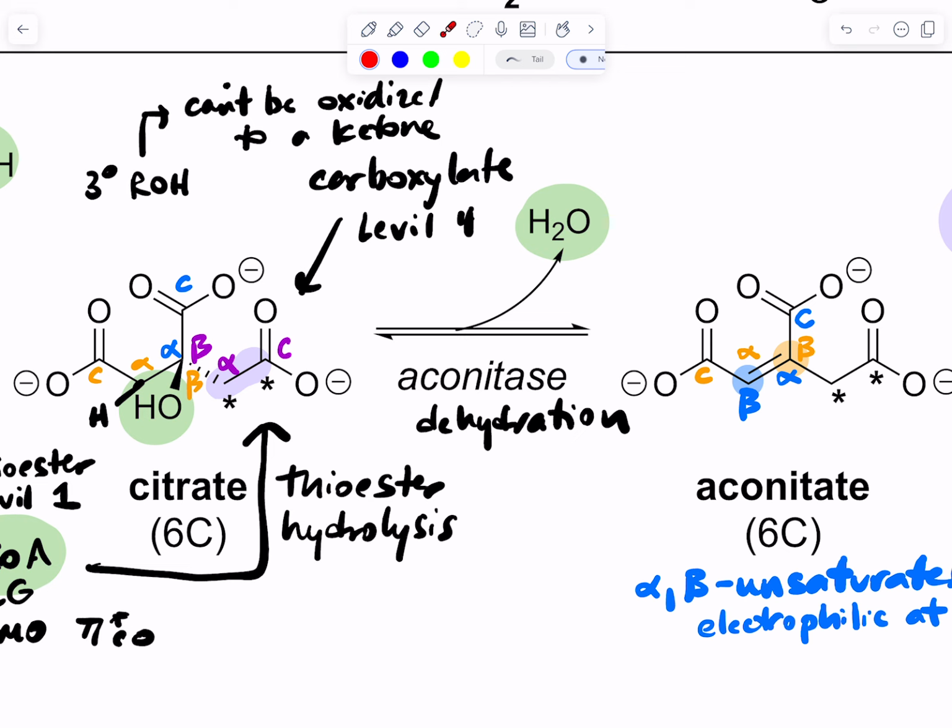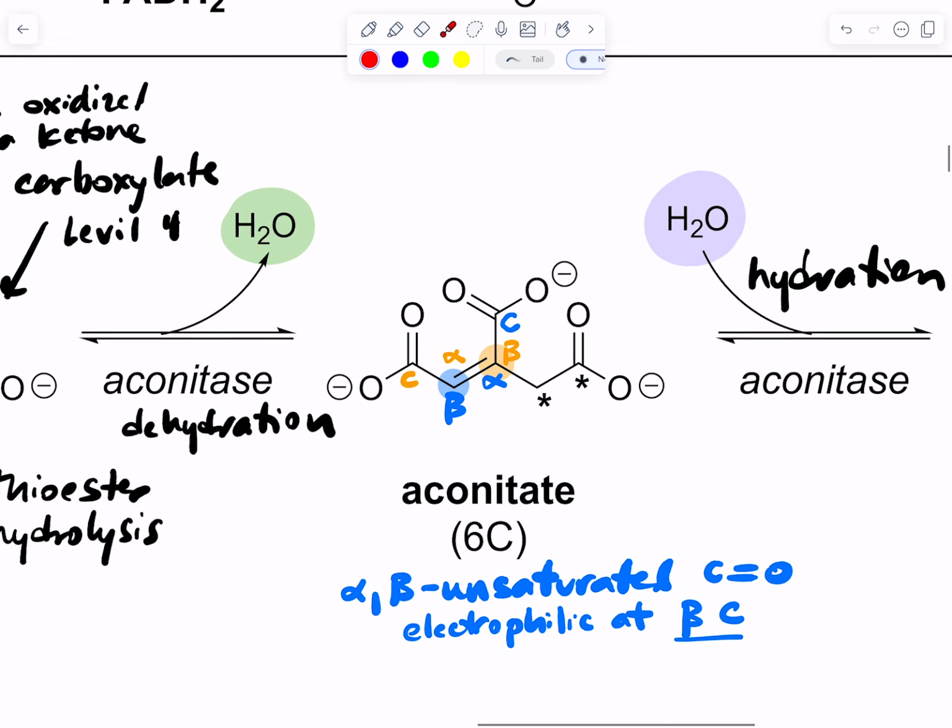Relative to the orange carbonyl carbon, beta, right? But relative to the blue, it left from alpha. So if water came back in and attacked blue alpha, orange beta, that would ultimately lead back to citrate. And that happens, and that's why this arrow is reversible. You can go back and forth between citrate and aconitate.